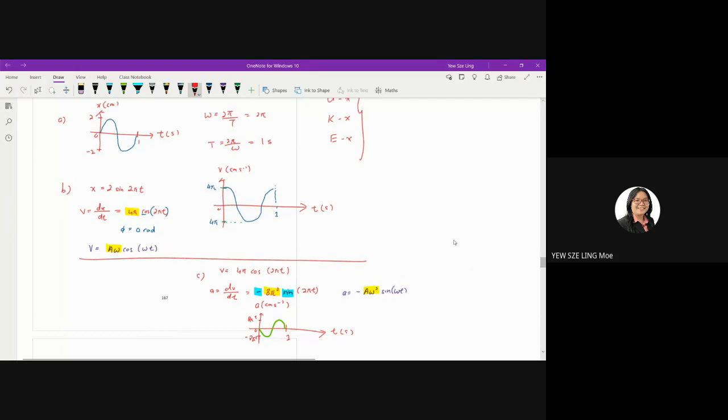Next question is exactly the same as this one, but you're going to start from x equals 2 cos 2 pi t. You're going to start with a cos function rather than a sine function. So I give you 3 minutes to write it down. If you are done, you may try the second question first. See how you are going to sketch a full marks graph.